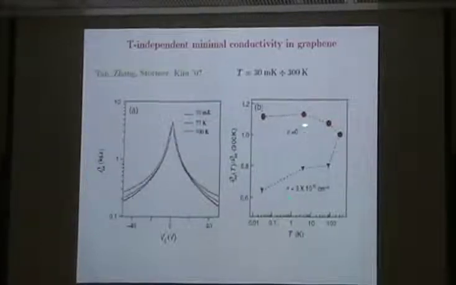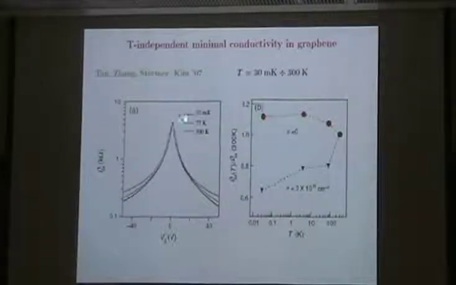These red points correspond to conductivity here, and the remarkable property was that it essentially stayed constant down to temperatures like 30 millikelvin, and that's what, at least in some experiments, is observed.